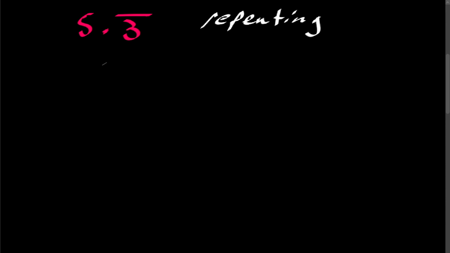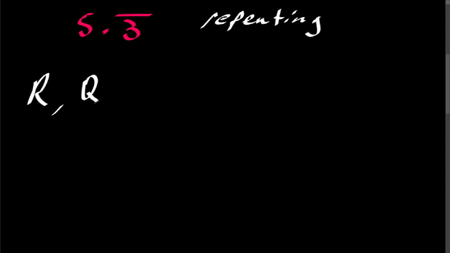All right, so let's go with 5.3 with a bar over the 3. You have to remember what that bar means. It means repeating. So that should give away what our answer is, but let's list all the sets. Is it real? Yeah, it's real. Now, does repeating fit into rational or irrational?